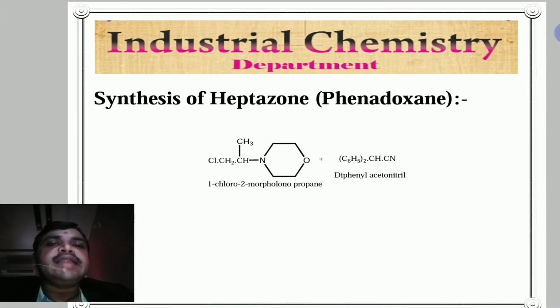And our last component, heptazone or phenadoxone. For the synthesis of heptazone, we have two starting materials. One is 1-chloro-2-morpholinopropane and the second is diphenyl acetonitrile.